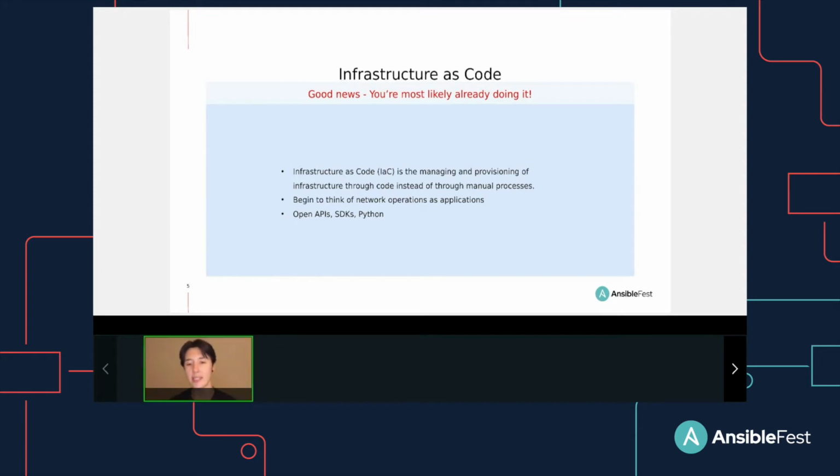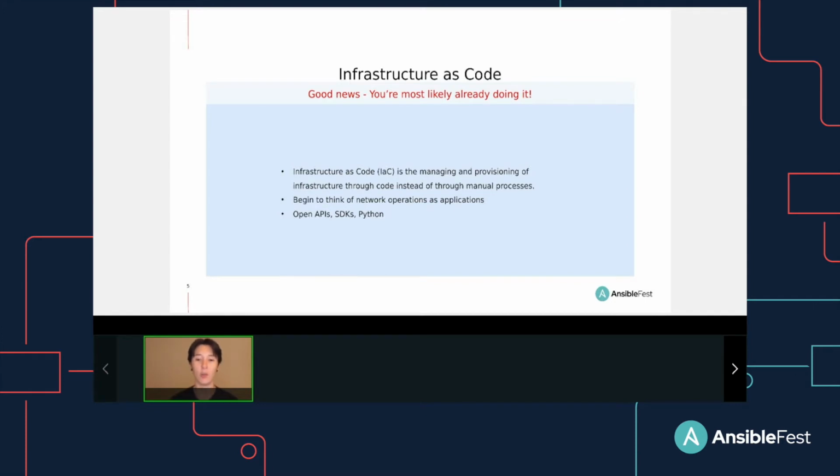So what's necessary to be successful with IAC? First and foremost, the solutions that you select, right? There's a ton of different languages, tools, and platforms out there that can help you automate your network, each of them providing its own set of capabilities.